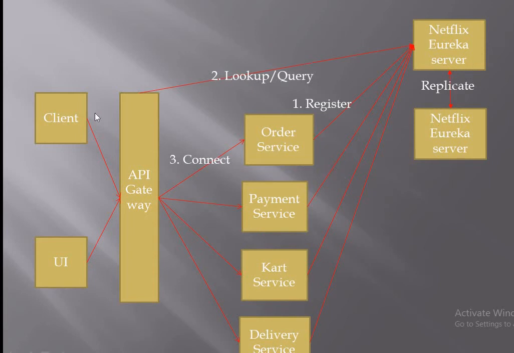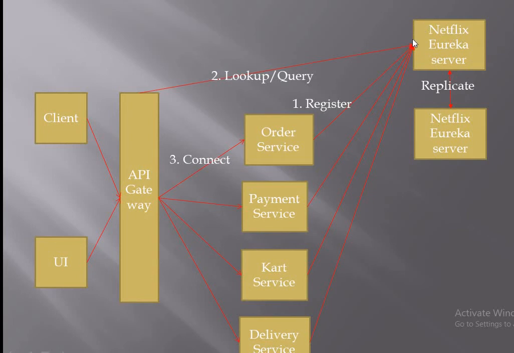Now, what happens if the client wants to connect with order service? It only says to your API gateway that I want order service. Now, the API gateway will query the Eureka server about where this order service is deployed. The Eureka server will give one instance.